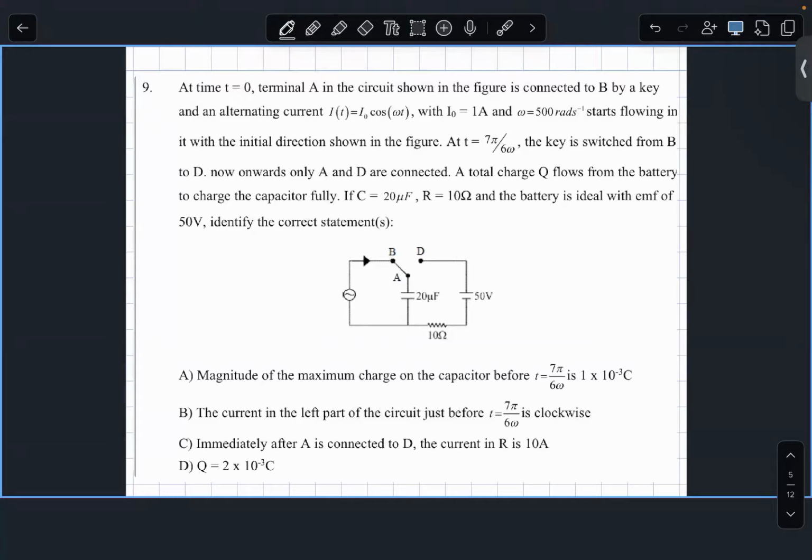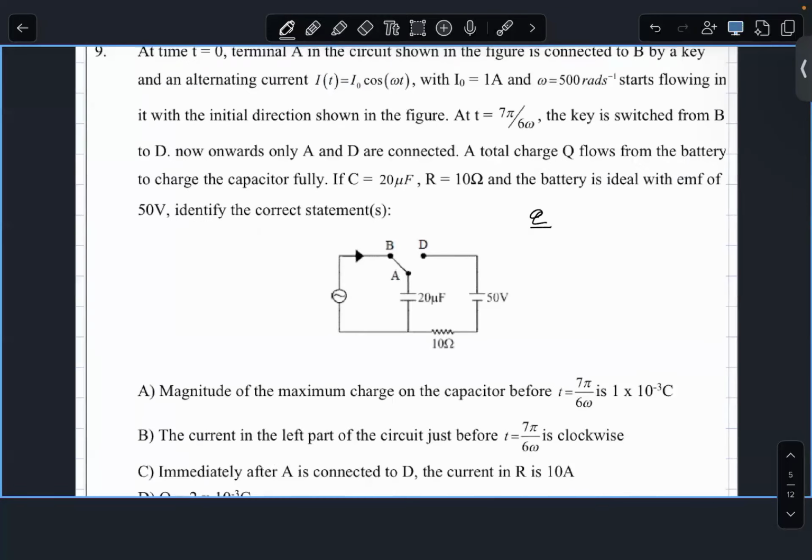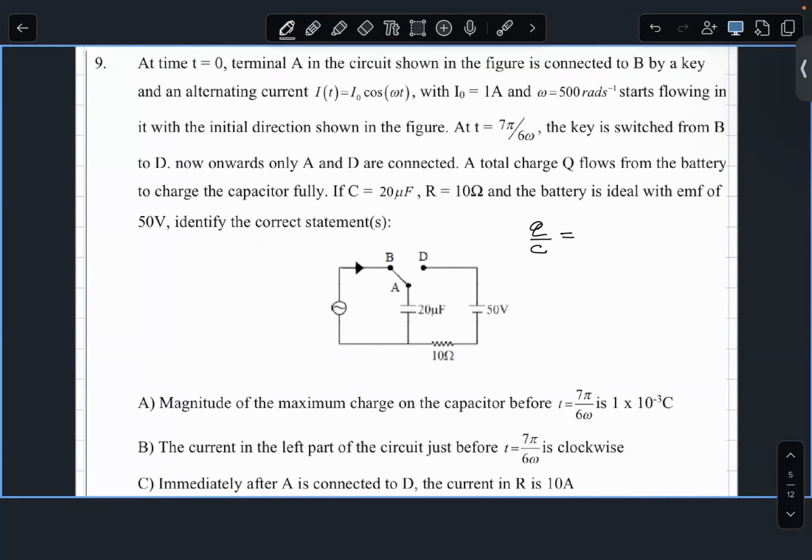Current leads. Q by C is the voltage part. They have given alternating current, so therefore you need to obtain the expression for that.